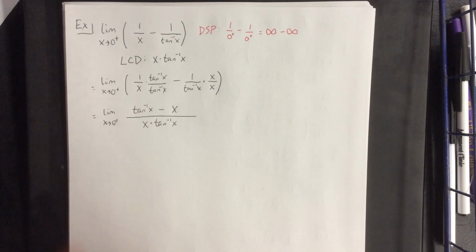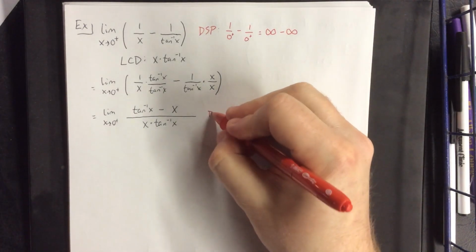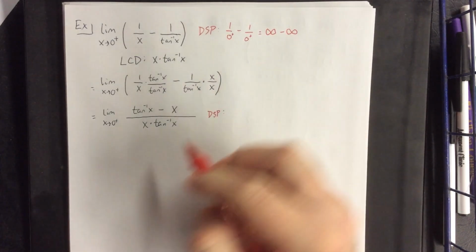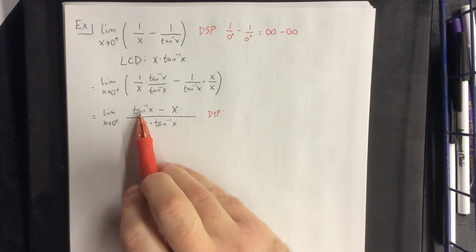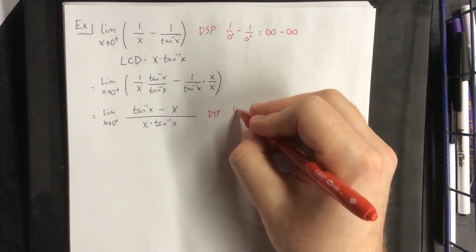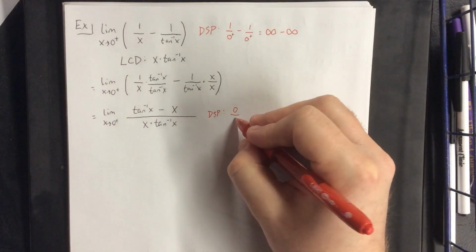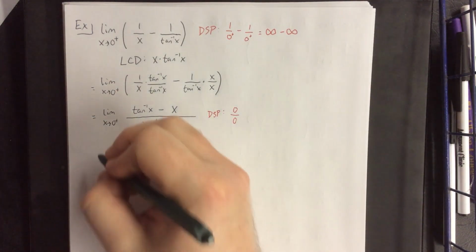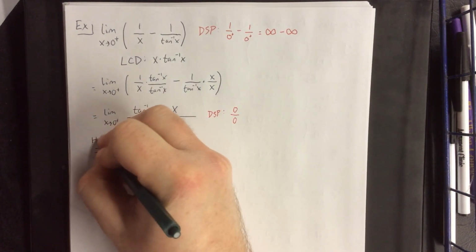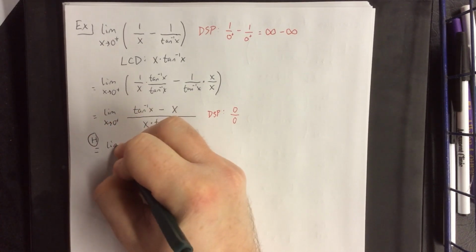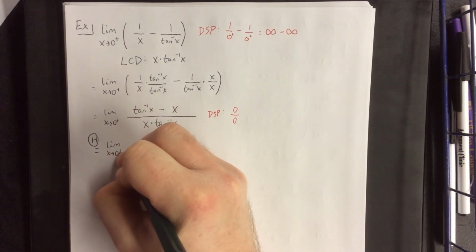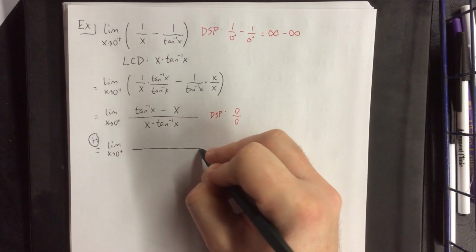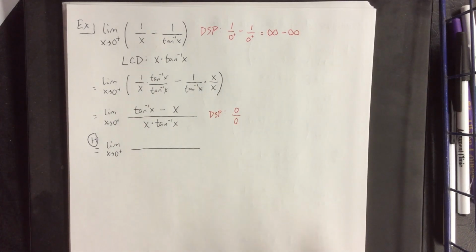Once we are to this form, we can attempt to use the direct substitution property just to make sure that we know what we're looking at. As x approaches 0, this will be 0 minus 0 up top, and your denominator is now 0 times 0. Because we have the indeterminate quotient, this allows us to use L'Hopital's rule. So we will differentiate the top, and we'll differentiate the bottom.